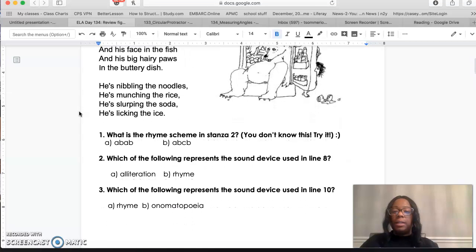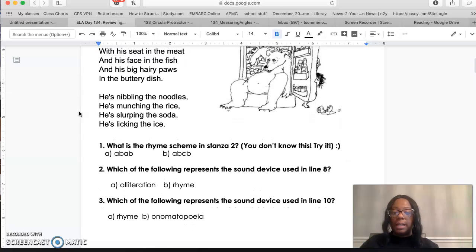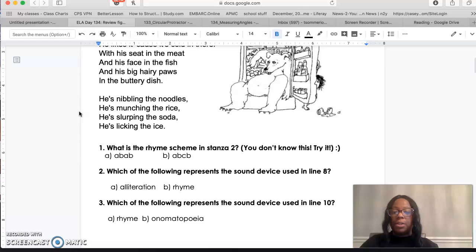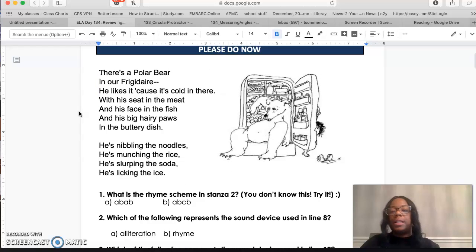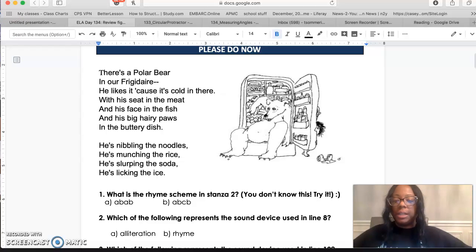Now, when we look at the questions, our first question is asking us, what is the rhyme scheme in stanza number 2? I know we haven't gone over this skill yet, but I want to see what you know. Stanza 2 says, he's nibbling the noodles, he's munching the rice, he's slurping the soda, he's licking the ice. So if we look at that stanza and we look at the rhyme, we have noodles, rice, soda, ice.